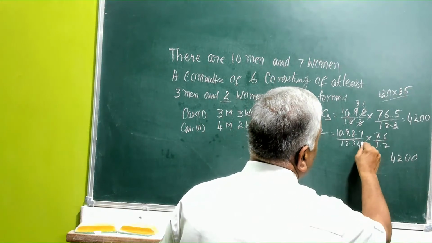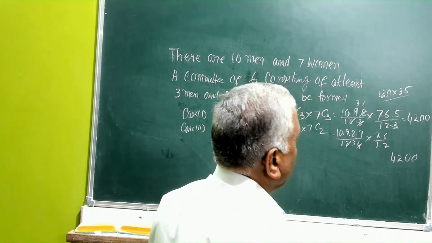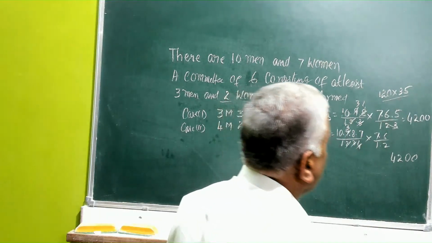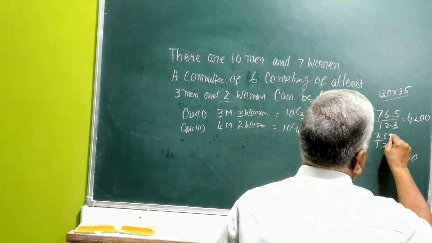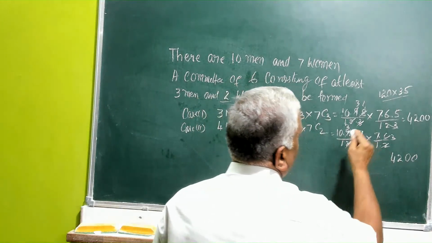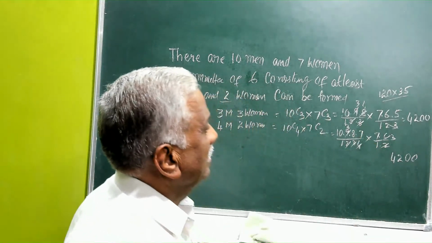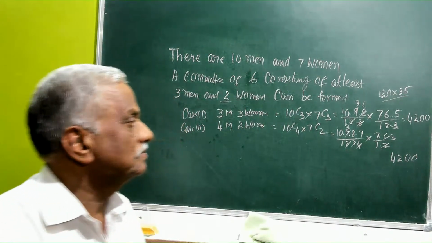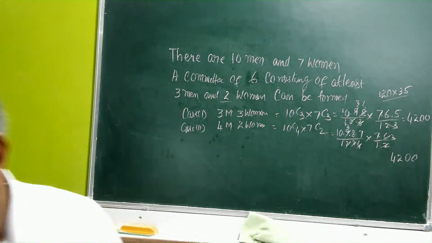Here you can cancel 4 and 2, and you can cancel the 3s, and here also you can cancel. So here it is 24. You're going to multiply that and see how much you get. So I have worked it out.